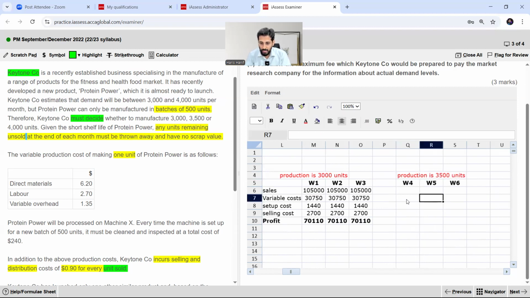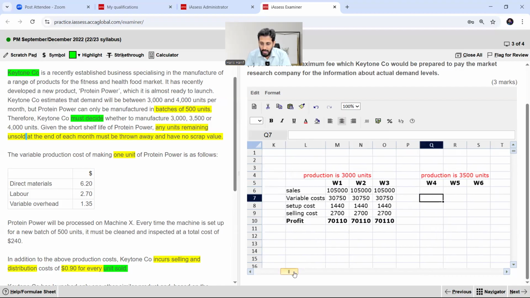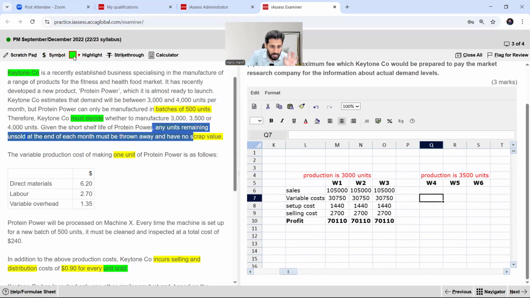So variable cost will be applied on 3500, because it is clearly mentioned in the question that any units remaining unsold at the end of each month must be thrown away.